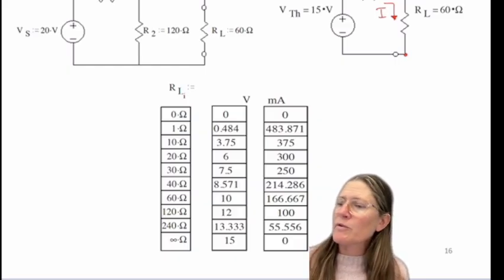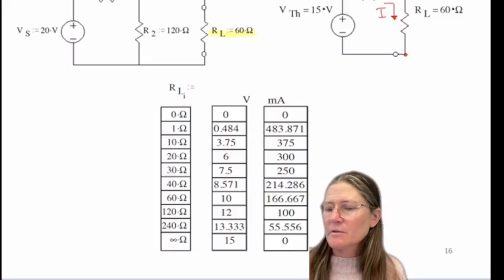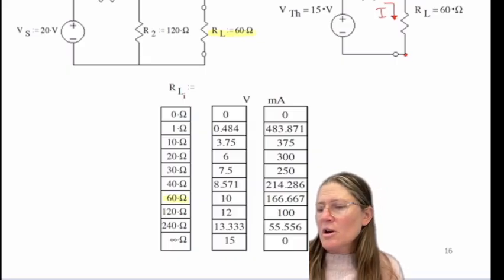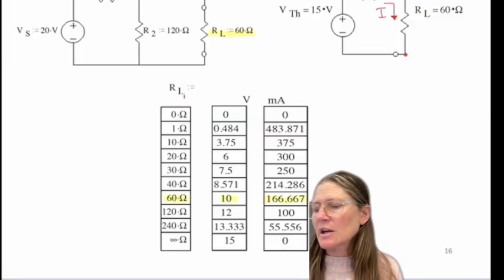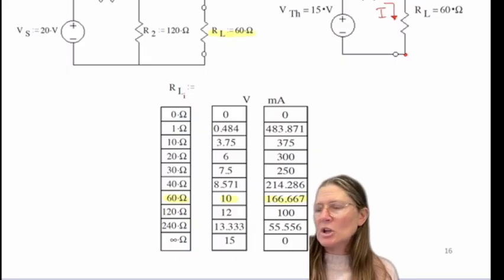So for example, if I put on a load of 60, I am going to get 10 volts and 167 milliamps.